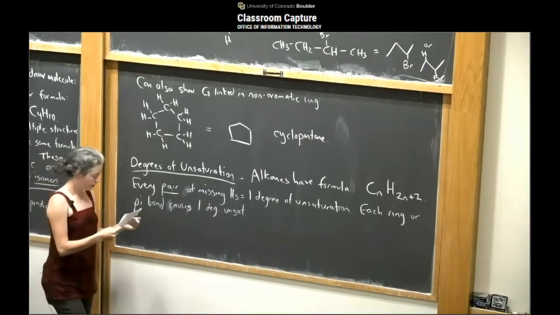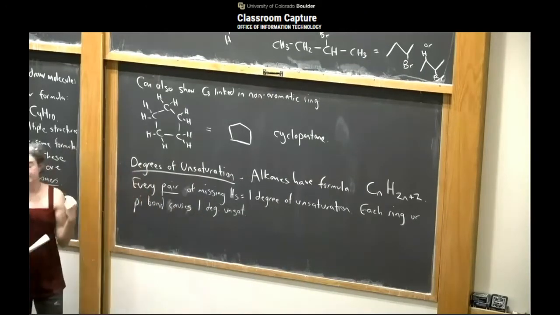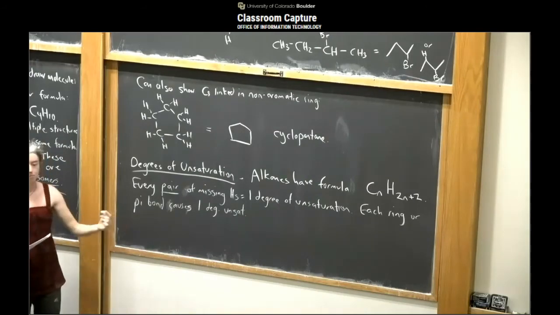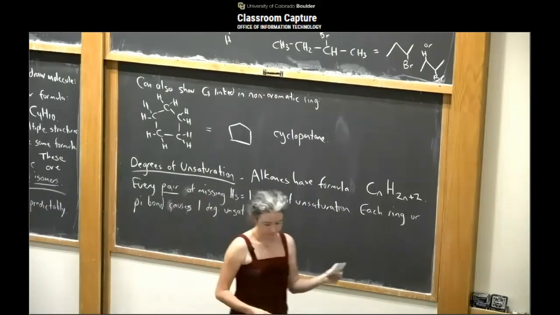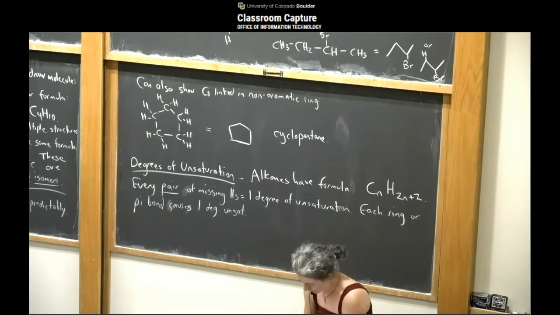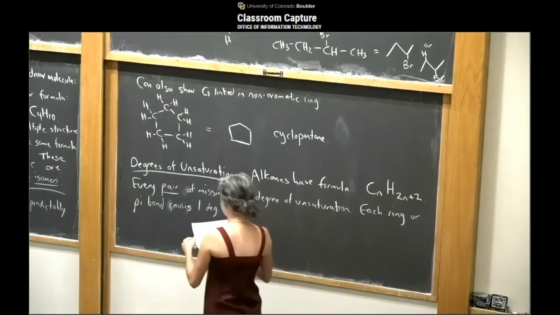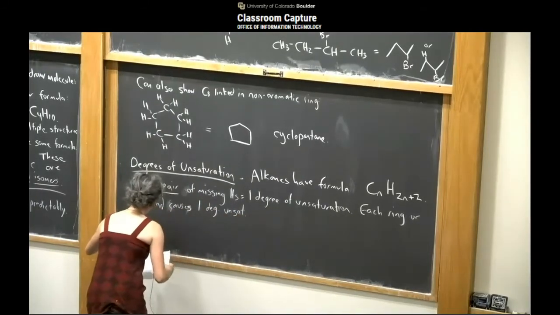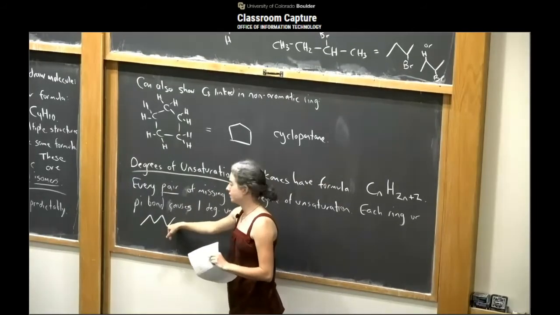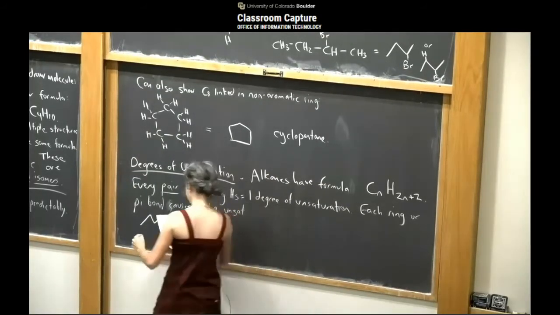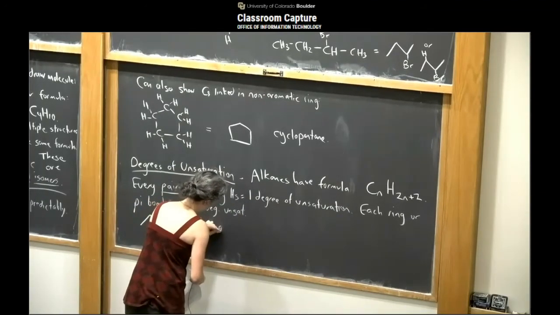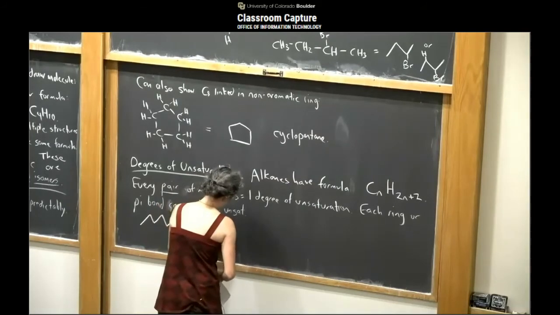Remember that when we've got multiple bonds between atoms, the first bond is always a sigma bond and all the subsequent bonds are pi. So a few quick examples here, and these are all just for hydrocarbons. This one has 0 rings, 0 pi bonds, so this is 0 degrees of unsaturation.